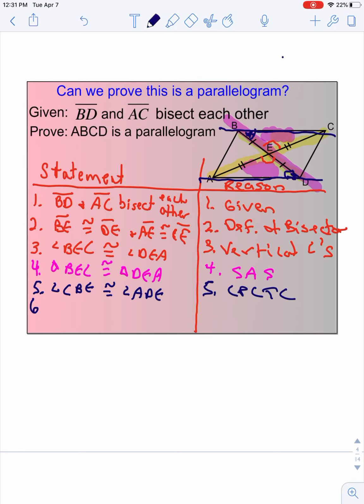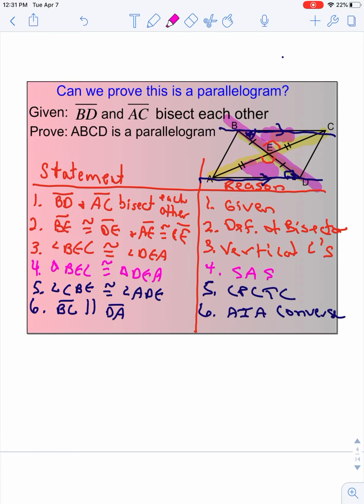So now I've just proven that side BC is parallel to side DA because of the alternate interior angles converse. Because if alternate interior angles are congruent, then the lines are parallel. So I've now shown that this line right here is parallel to this line right here. That's half of what the definition of a parallelogram is.